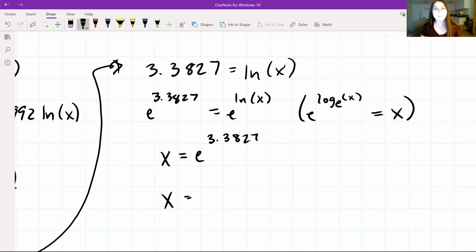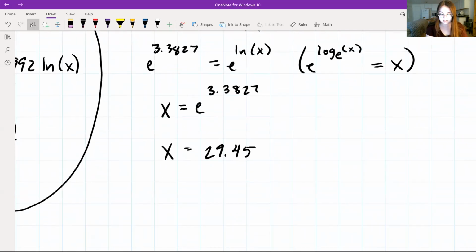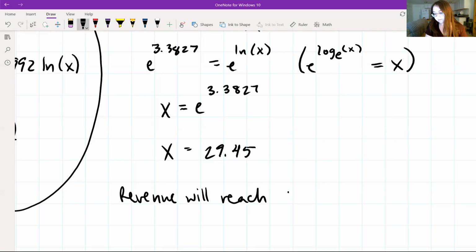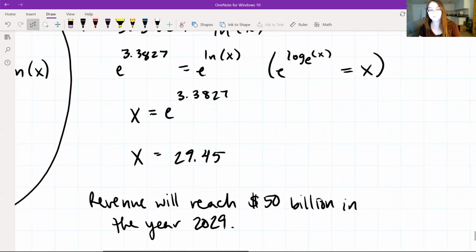If we calculate that on our own, we end up getting 29.45, which tells us that revenue will reach 50 billion in the year 2029 if everything stays the same.